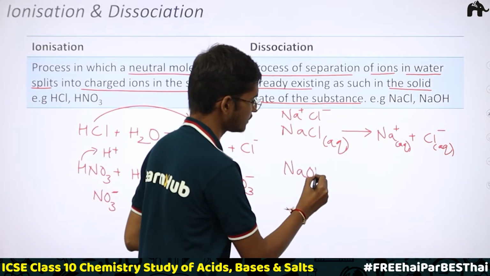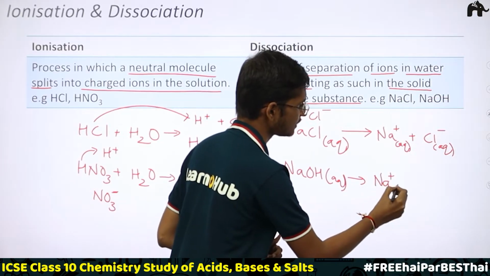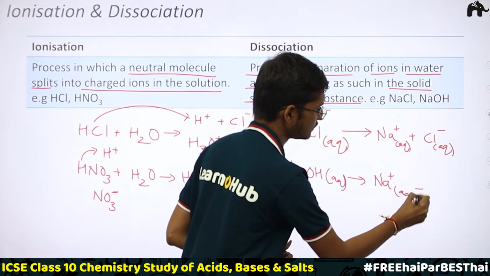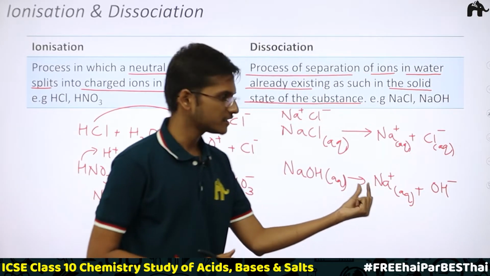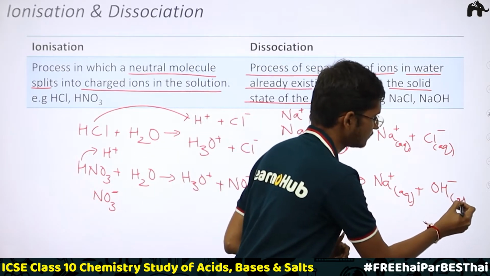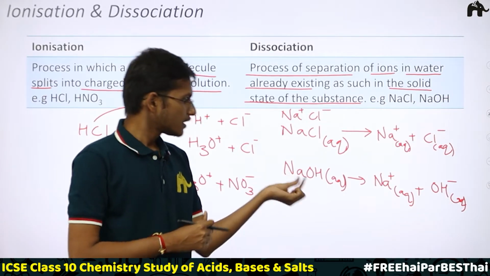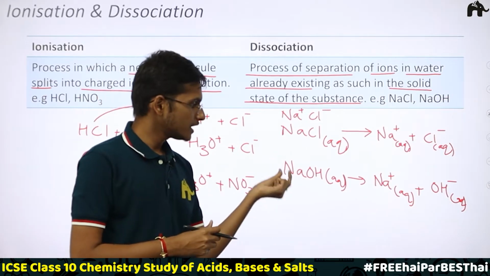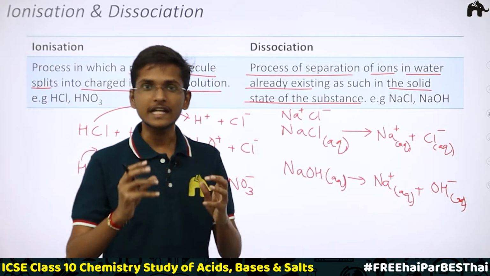When we add NaOH in water, it is getting dissociated, the ions Na+ and OH- are getting separated in water, which they are already existing as in the solid substance. Here NaOH is a solid substance, so in this solid Na+ and OH- ions are existing.